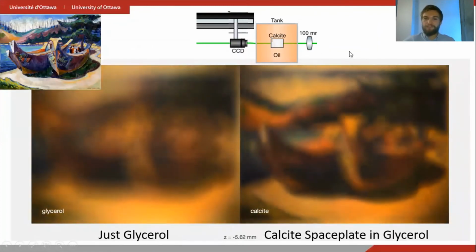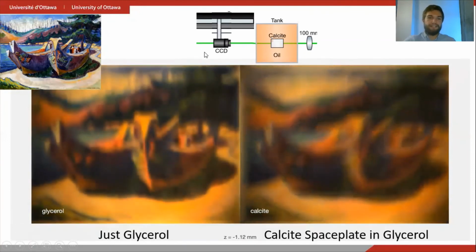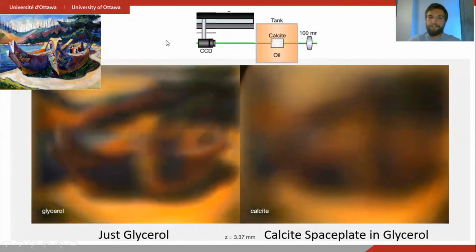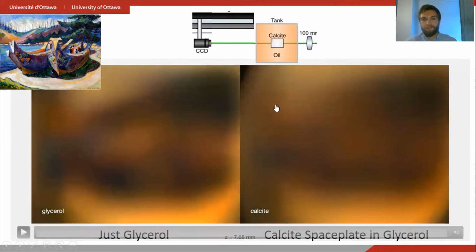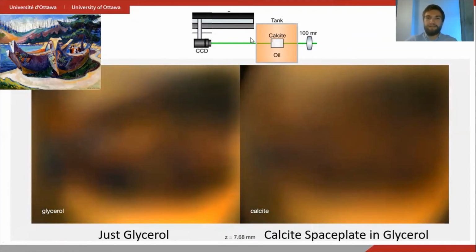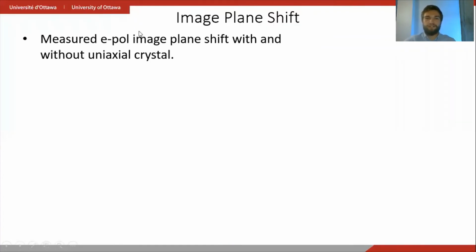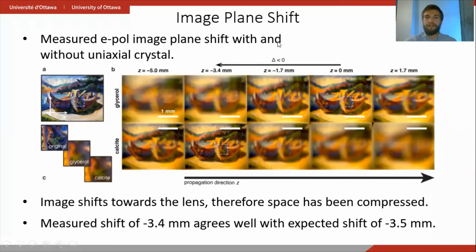So here we observe the image formed through the calcite, and then the image formed through just the background medium as the camera is translated back. So therefore, we observe the image formed through the calcite come into focus first, and then the image formed through the glycerol further away. Now, this only works with E-polarized light, so we had to prepare the polarization beforehand.